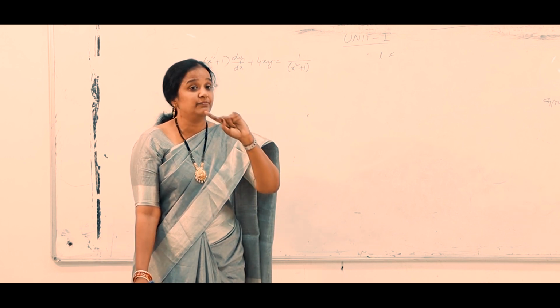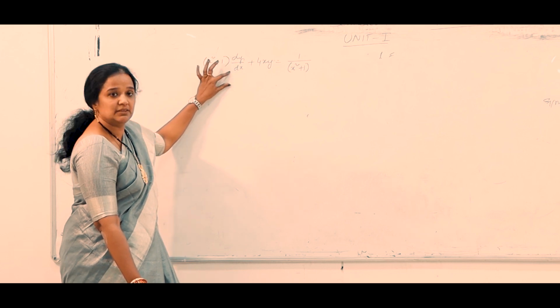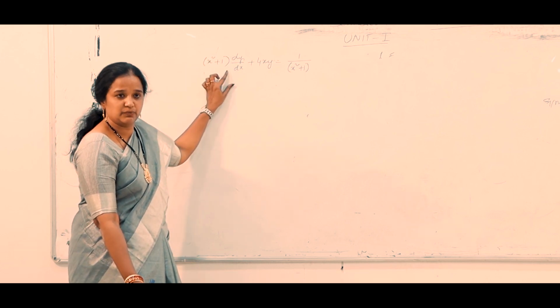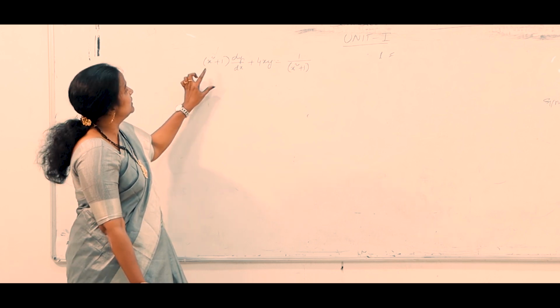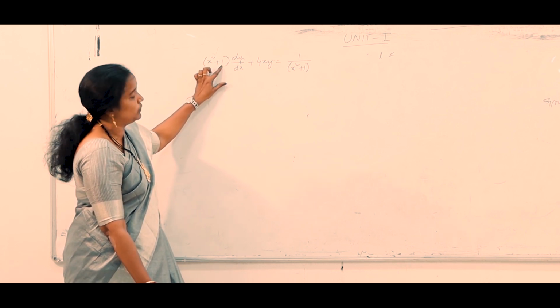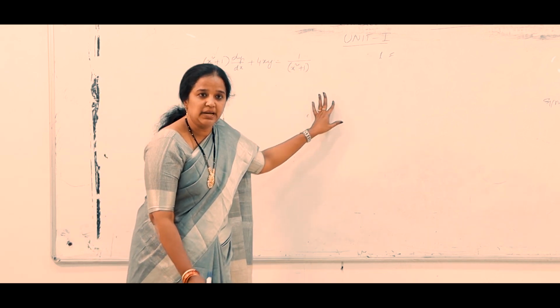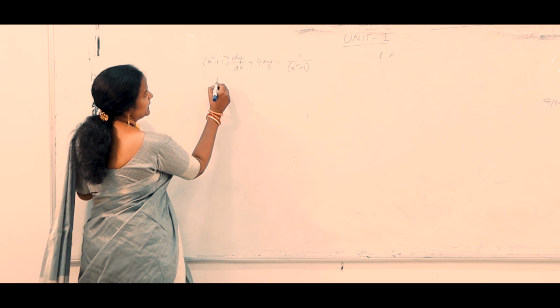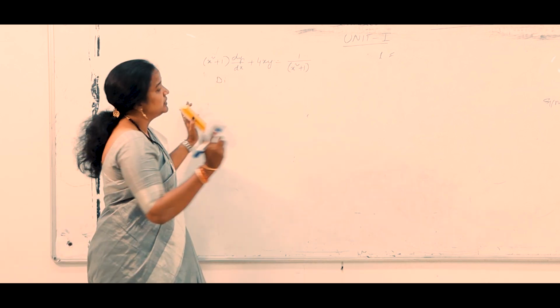There is no term in front of dy by dx. But here, dy by dx has x square plus 1 with it. So for the linear differential equation, we divide throughout by x square plus 1. The first step is dividing.